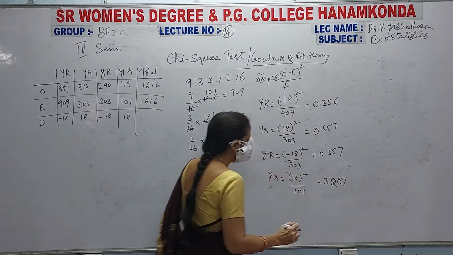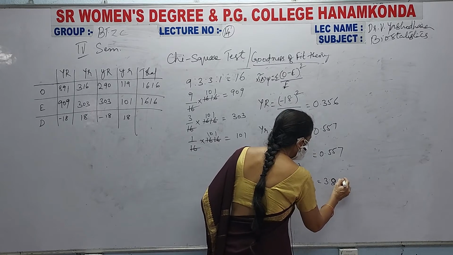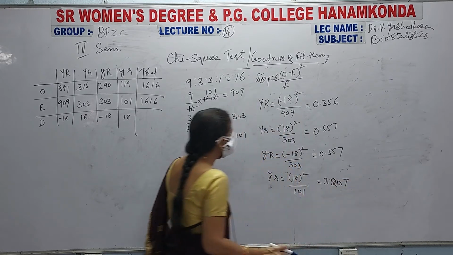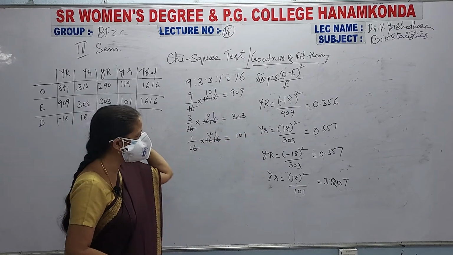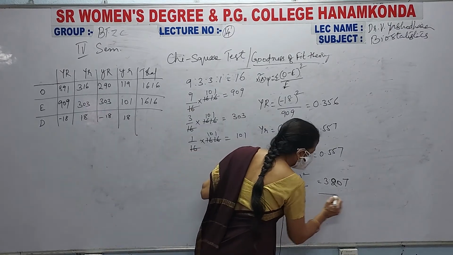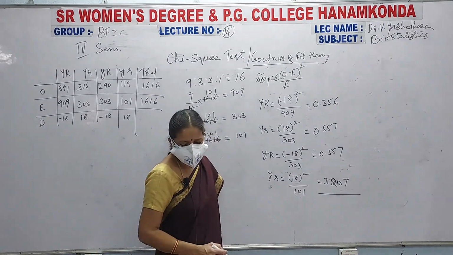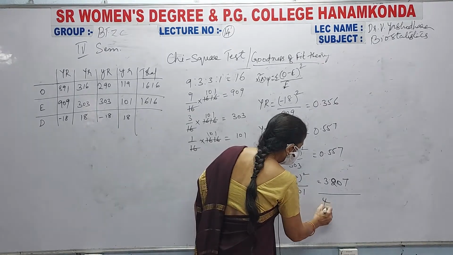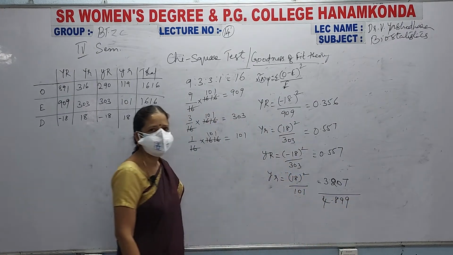This is your result. These are the things I got after my experiment. After solving all of these, I got this result. Now I will calculate the total of all these. When I total all these, the result is 4.899. 4.899 is the grand total.